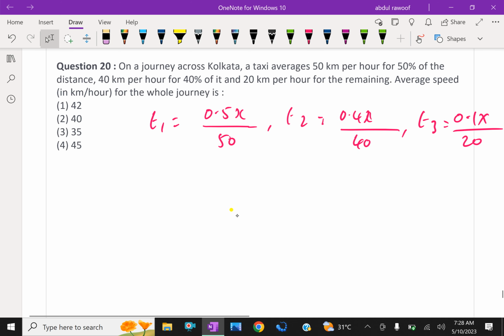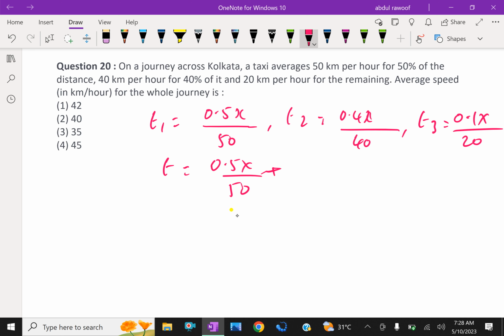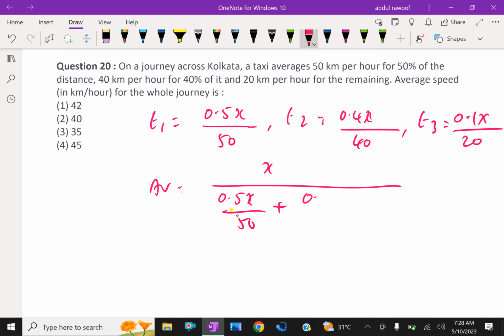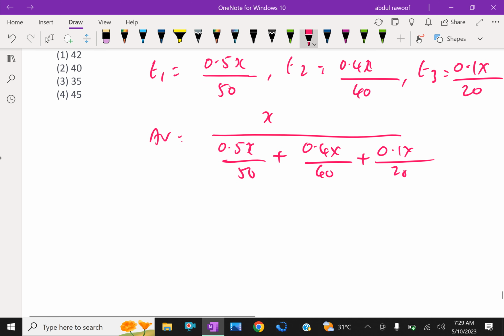The total time is 0.5x by 50 plus 0.4x by 40 plus 0.1x by 20. Therefore, average speed equal to total distance x over total time.